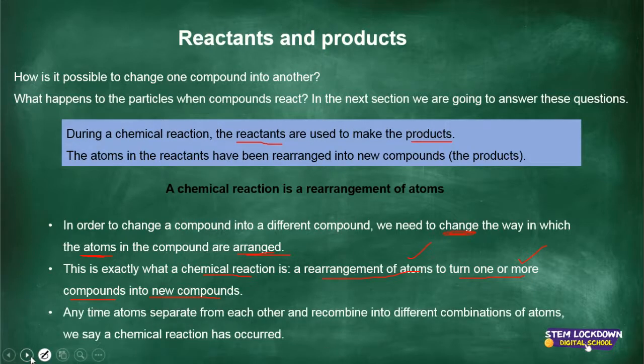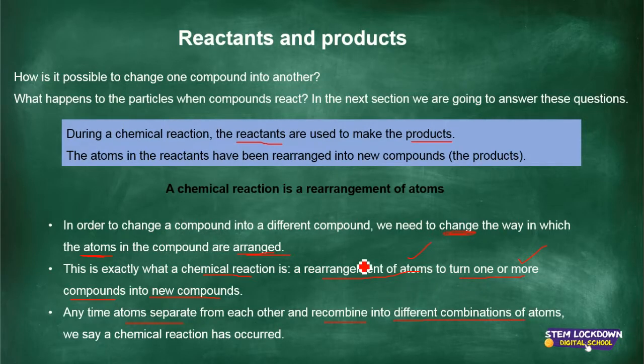Okay, so anytime atoms separate from each other and recombine into different combinations of atoms, we say a chemical reaction has occurred. This is basically the same thing I've explained in the top sentence, but in a different way. When atoms separate from each other, they recombine into different combinations of atoms.